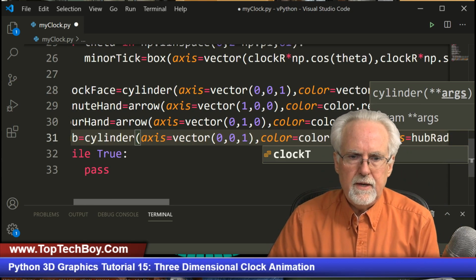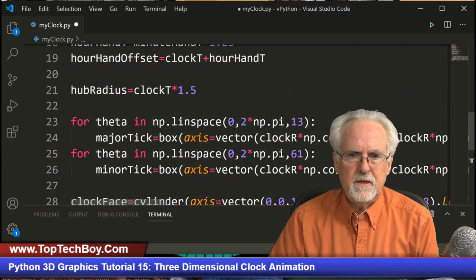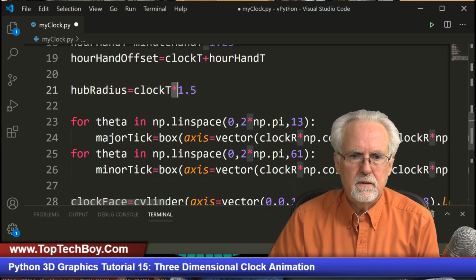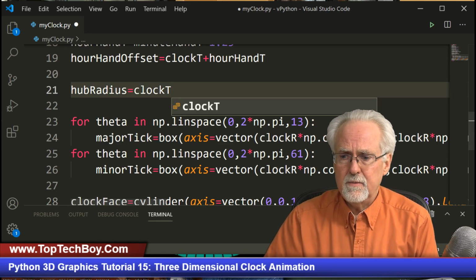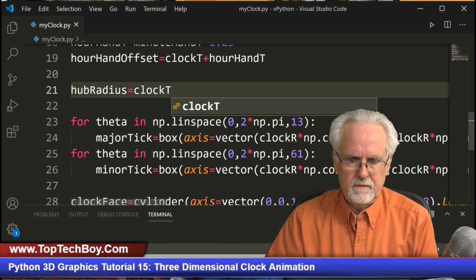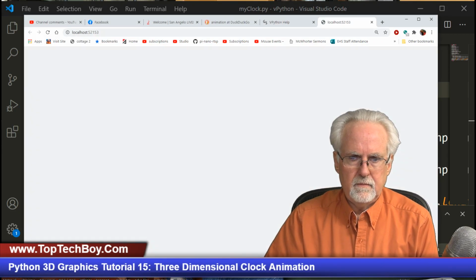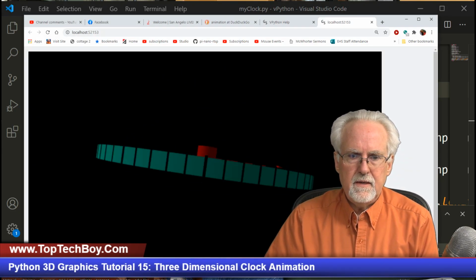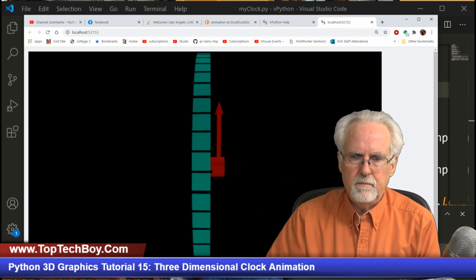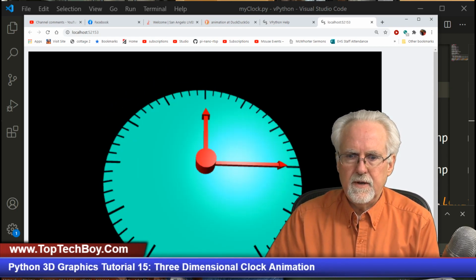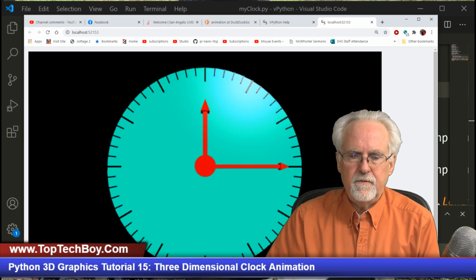And the hub radius, we're still using what we were. Let's take it back to just clock thickness, and now let's see what that looks like. Okay, now that has got them both completely, right? So that looks good. It is just too fat though, right?